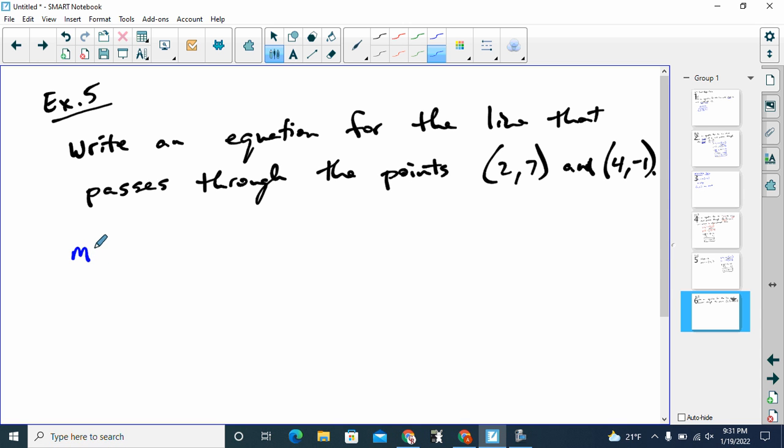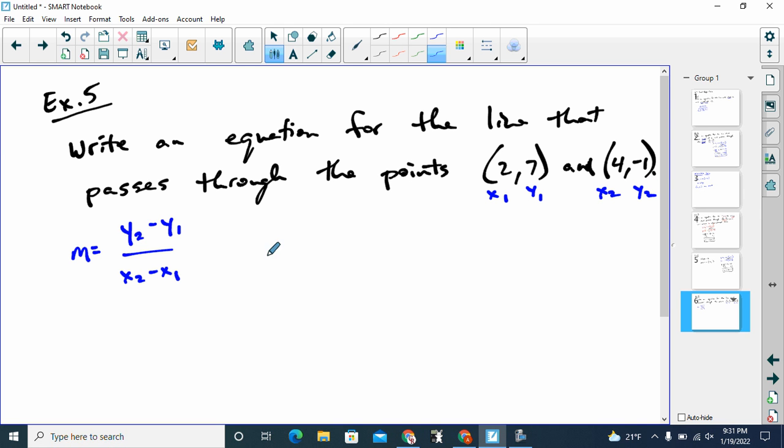So to find slope, we do y2 minus y1 over x2 minus x1. That will give us slope. I can label my points, x1, y1, x2, y2.